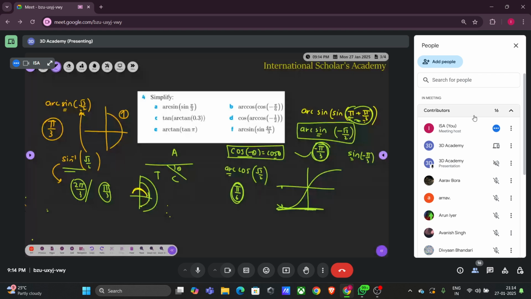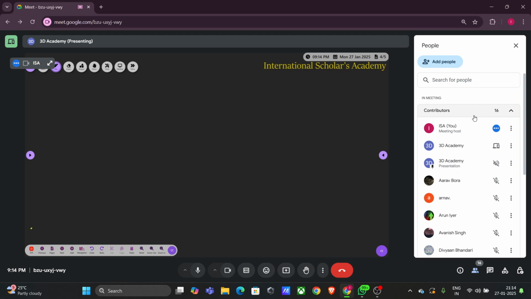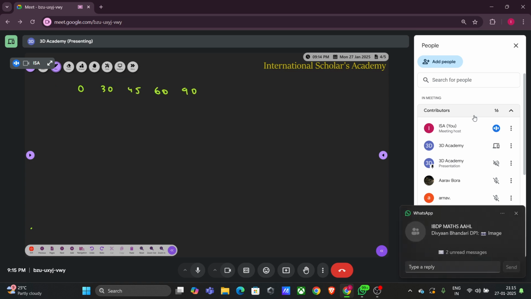Okay, now I'm just going to show you one more way of understanding the unit circle. 15 minutes are left, 15 minutes will be enough to understand. Guys, we already know this table. See, 0, 30, 45, 60, 90, for sin theta, for cos theta, for tan theta, correct?